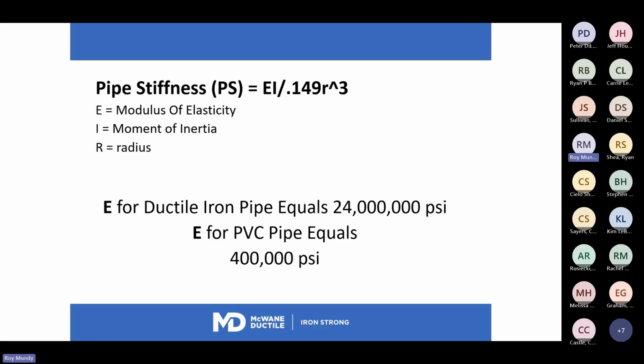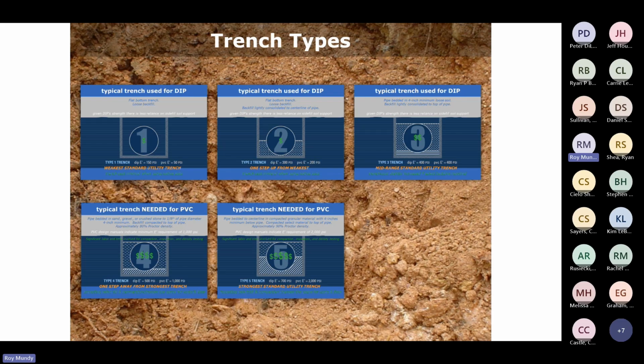So when you look at these 5 trench types defined by AWWA in the M41 manual, you see as you go to construct each of these trench types, starting with trench type 1 being only digging the trench and putting the pipe in the trench, clear up to type 5, which is use of select material and so forth, then as you go from type 1 to type 5, you also go up in money in terms of what it's going to cost to create that particular trench.